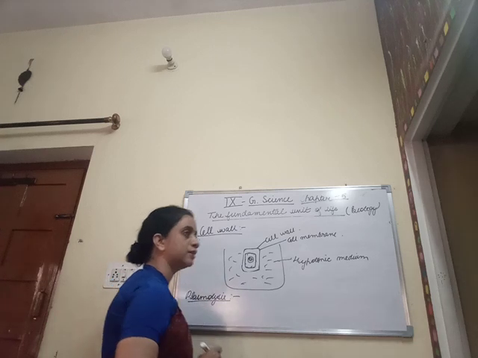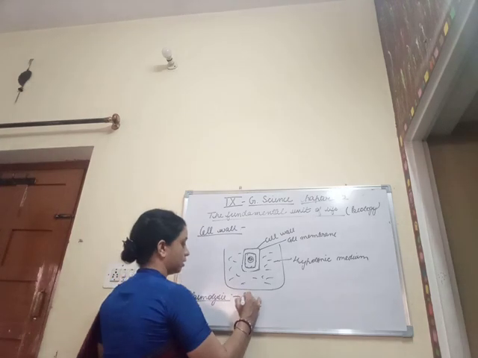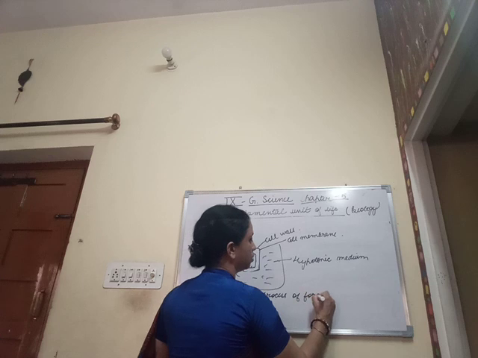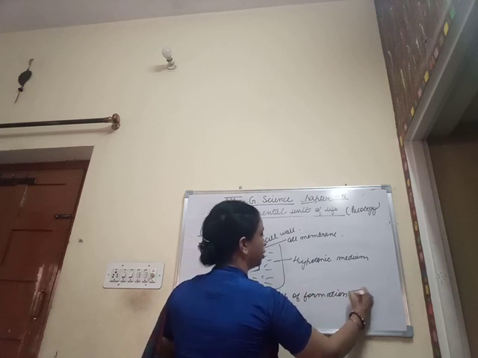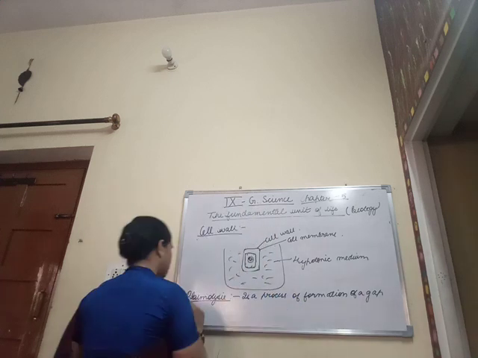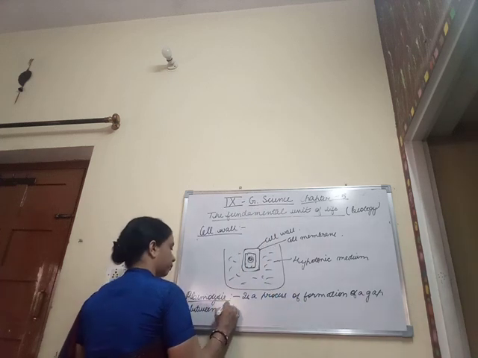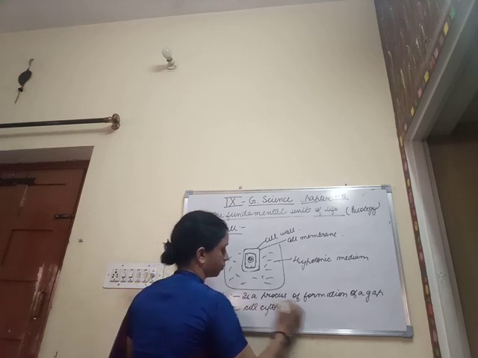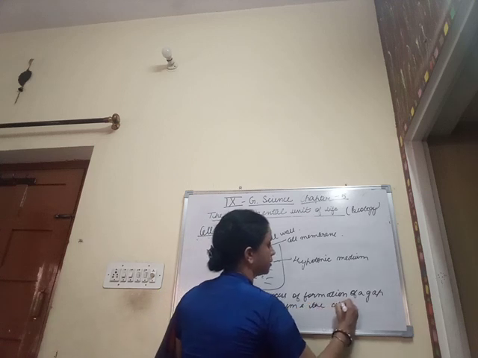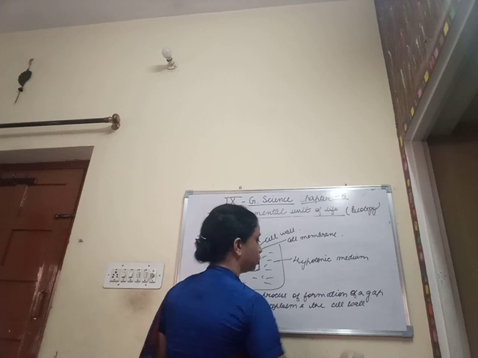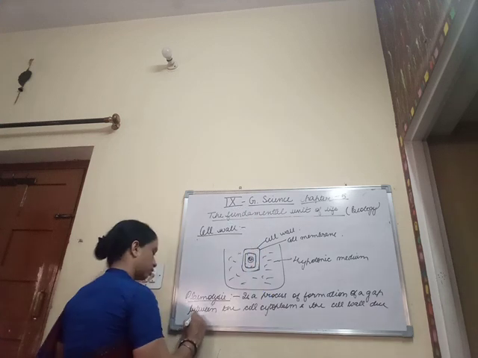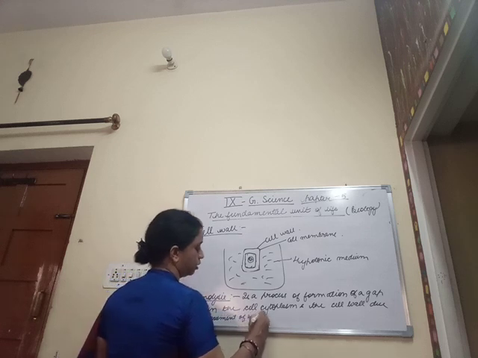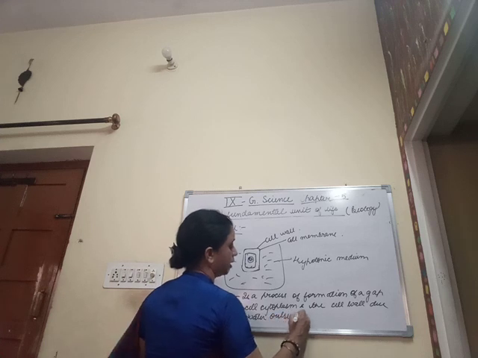So when we are talking about plasmolysis, plasmolysis is a process of formation of a gap between the cell cytoplasm and the cell wall due to movement of water outside the cell.